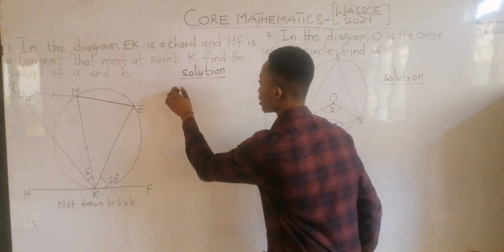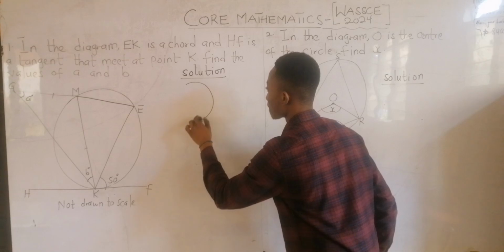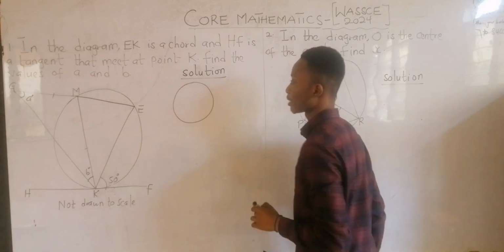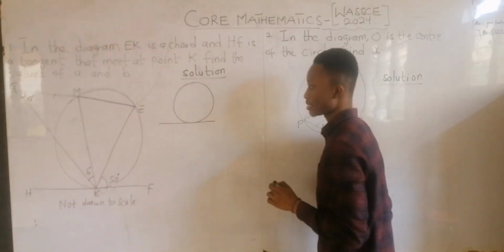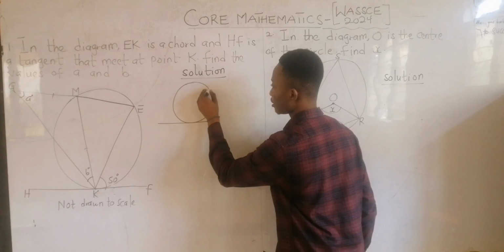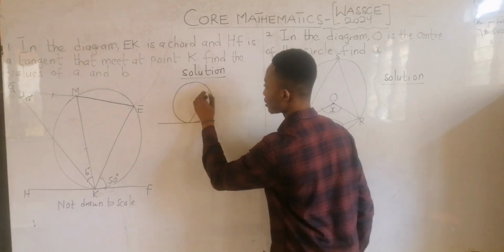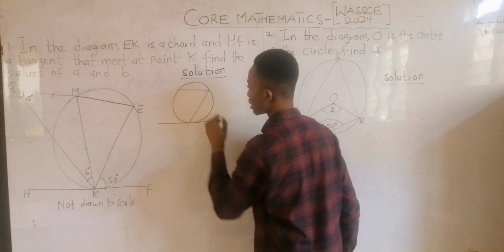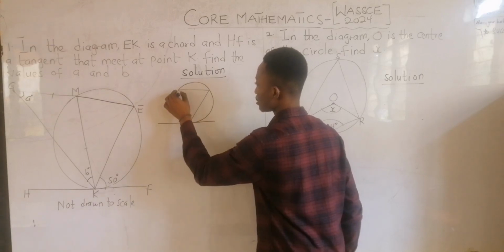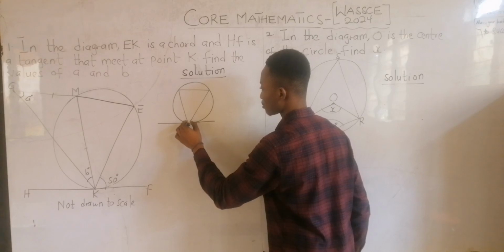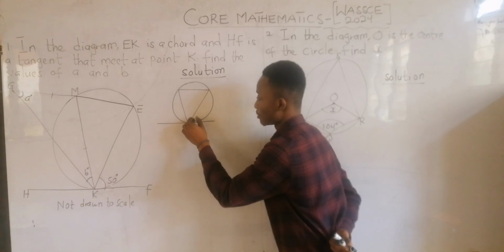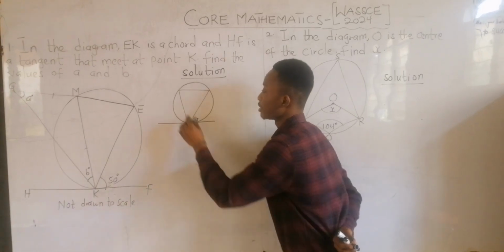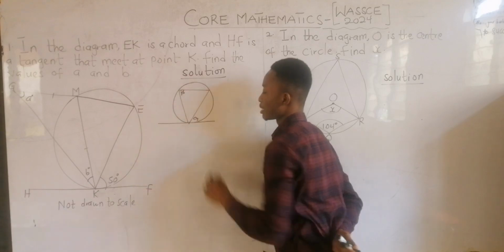Now, if I have a circle, and then I have a tangent, then we have a chord here touching there, and another chord. So let's assume the angle created here is alpha. The angle created here is beta.